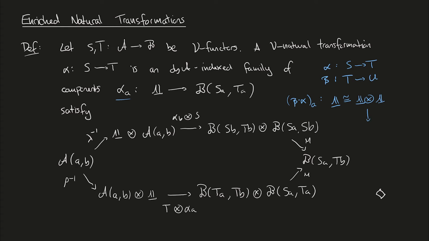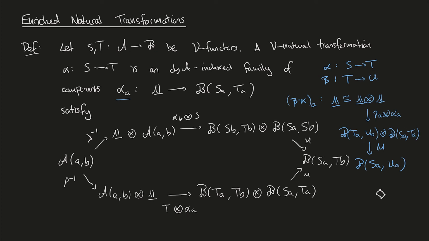And now we apply beta at A tensored with alpha at A. So these are the two components of the respective natural transformations, and this is a map into TA and UA tensored SA TA, and now these have matching codomains and domains, so we can actually compose in the category B using the composition map to get some hom object SA and UA.